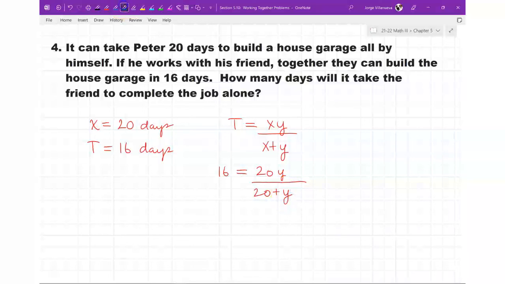Now, like we did in the other problem, we multiply, right? Multiply 20 plus Y times 16. So, what is it? 320. Or you know what? Let me show the work for you guys. 16 times 20 plus Y equals 20Y.